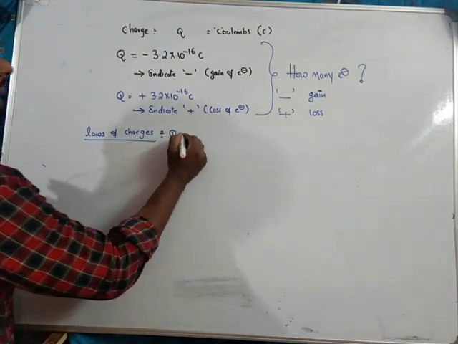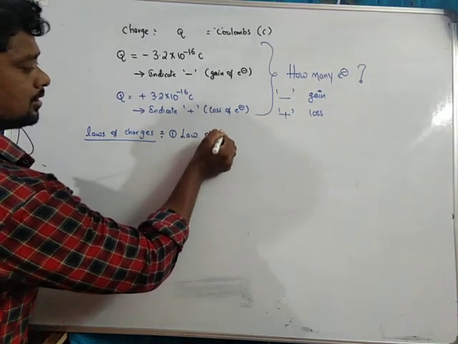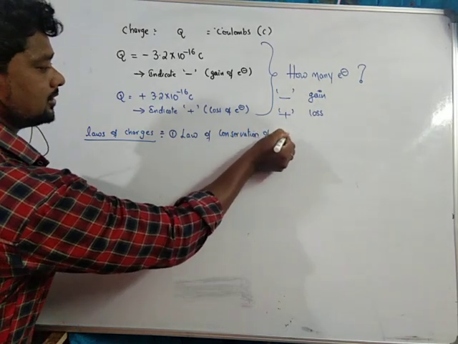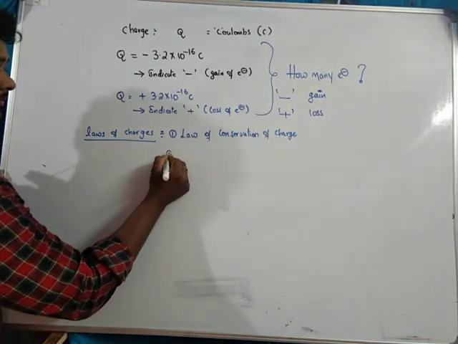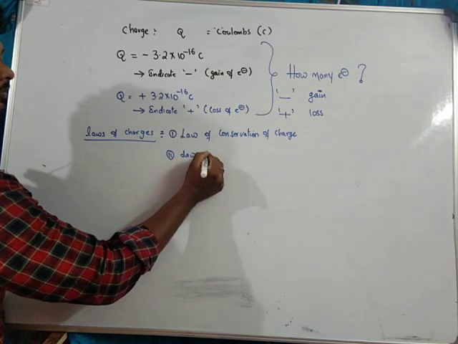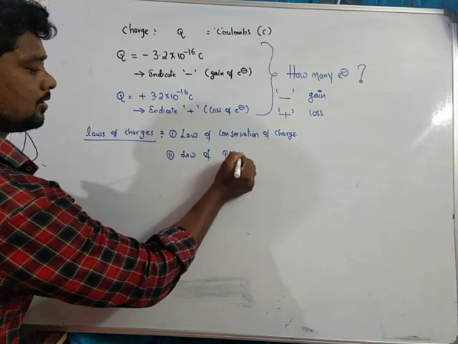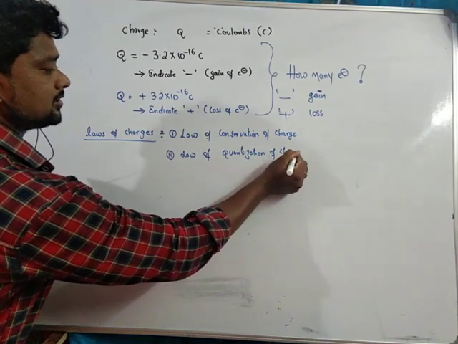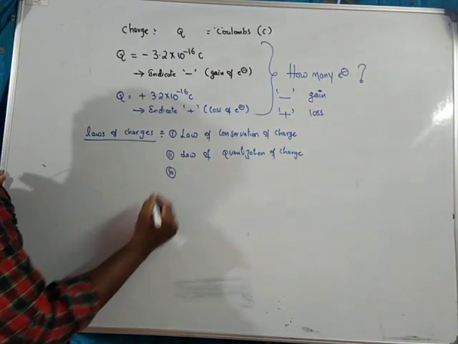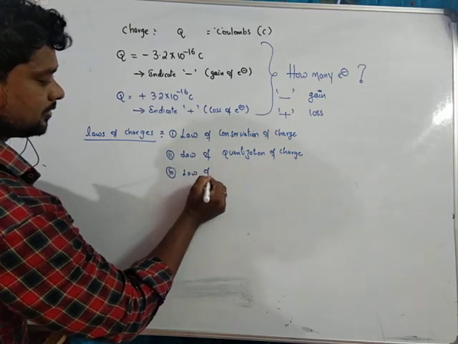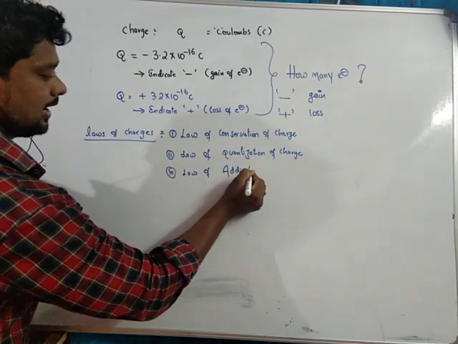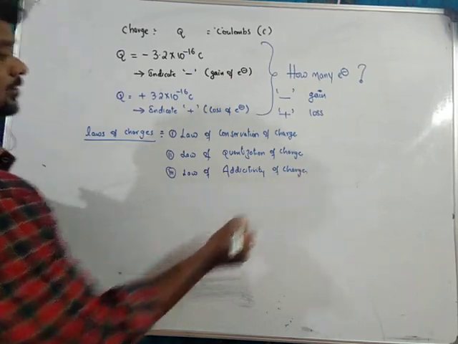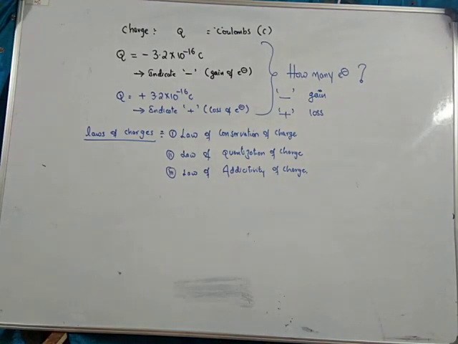The first one, law of conservation of charge, the second one, law of quantization of charge, and the third one, law of additivity of charge. So these are the three properties or three laws we will define.